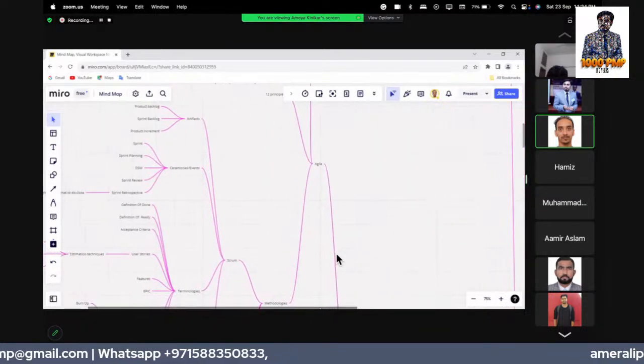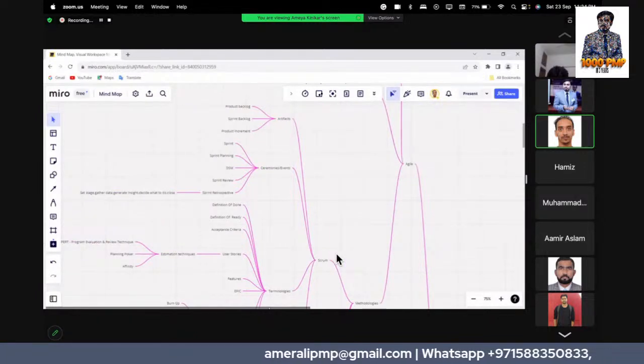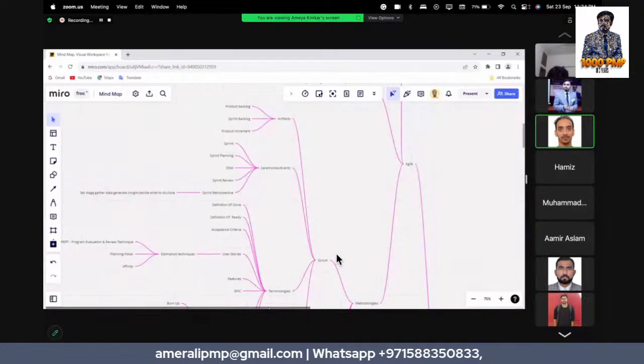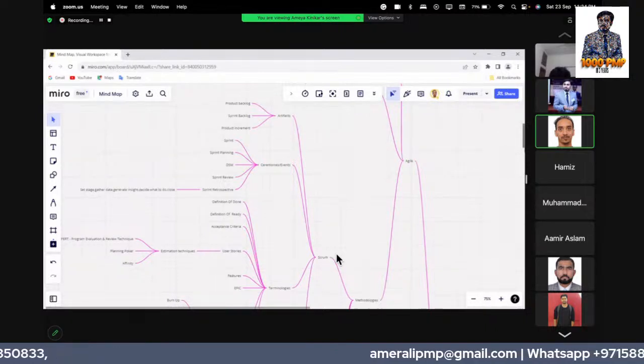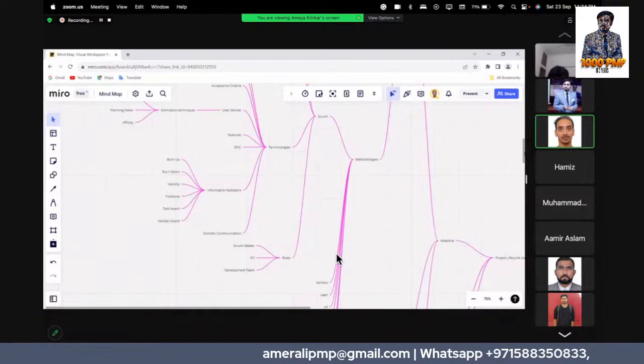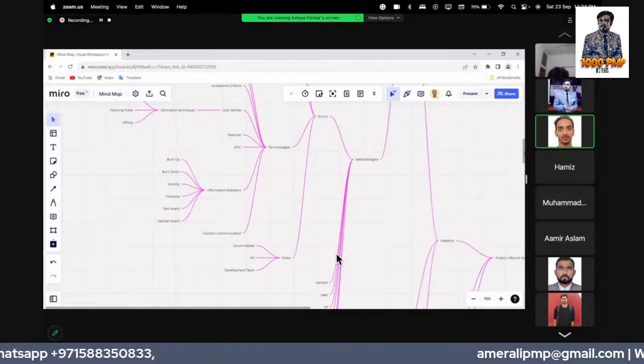Under sprint retrospective, we will be setting the stage, gathering data, generating insights, and deciding what needs to be done. And then we have 3 roles under Scrum. First is Scrum Master, second is Product Owner, and the development team.